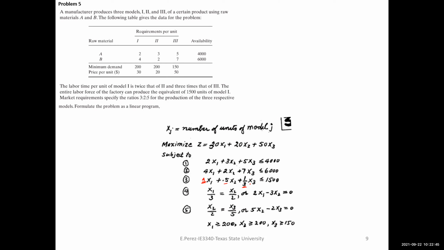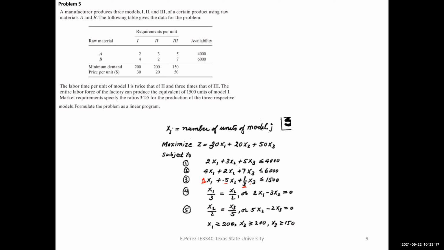So that's why we are using Model 1 as our standard measurement. It doesn't specify how much time you have available, you're right. But it specifies that the time that you have available allows you to produce this many units of Model 1. So when we set up the constraint in terms of time, we are using Model 1 as our equivalent measurement. Does that make sense?